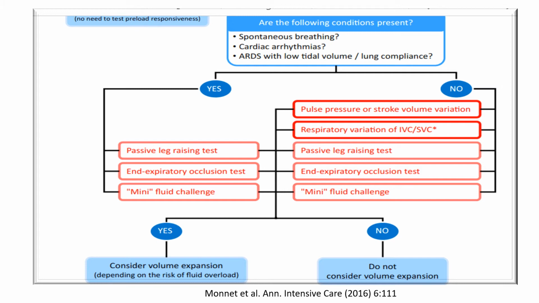and do not consider volume expansion if the patient is not responsive. So pulse pressure variation is actually taken as 13% variation, and I will just show you the picture on this. And it has also been seen that after your initial bolusing of fluid, only 50% of the patients actually are fluid responsive. So much fluid is not required, and this has been realized over the last few years.